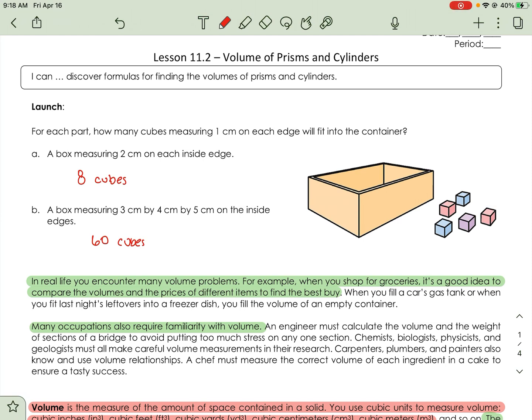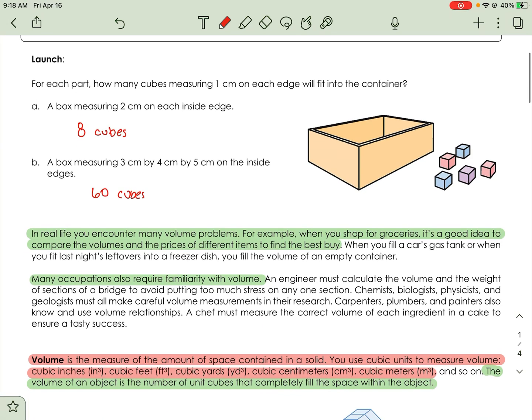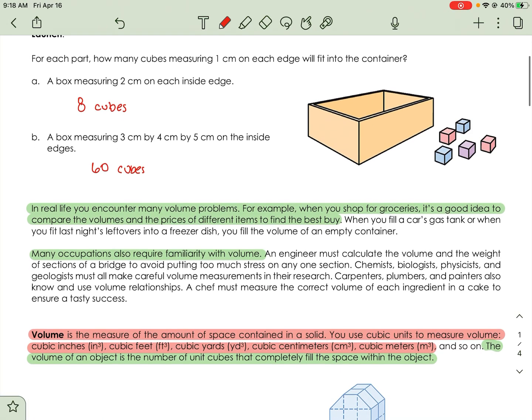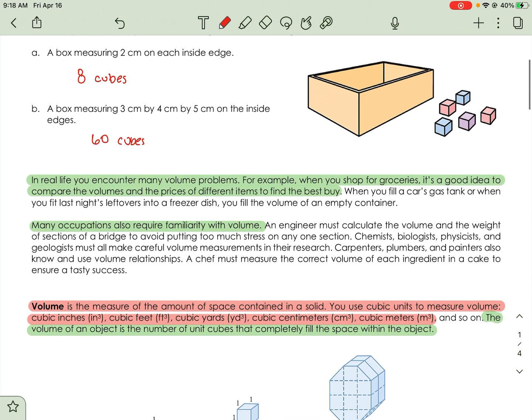Okay. So in real life, you encounter many volume problems. You can come across these at the grocery store. If you're looking to see which price is the best price for which product, you can compare the volumes and see how much it is per volume unit. Like, for instance, if you're looking at peanut butter, which peanut butter is the best price.